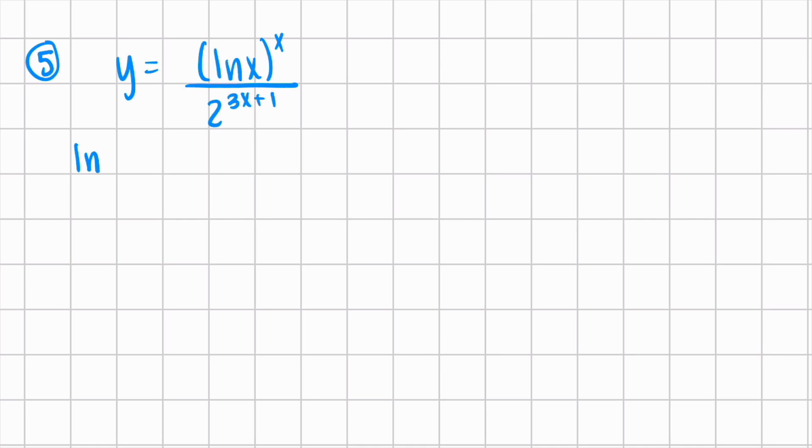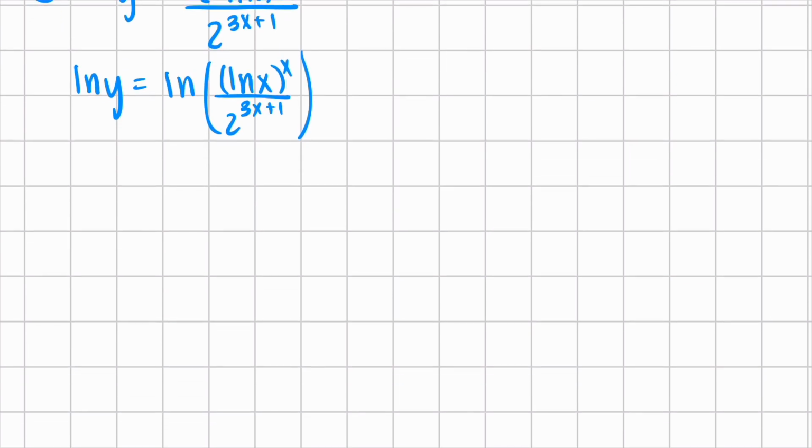So I'm going to natural log both sides of the equation. And then I'm going to use my rule where when I have the natural log of stuff that's divided, that equals the natural log of the numerator minus the natural log of the denominator.